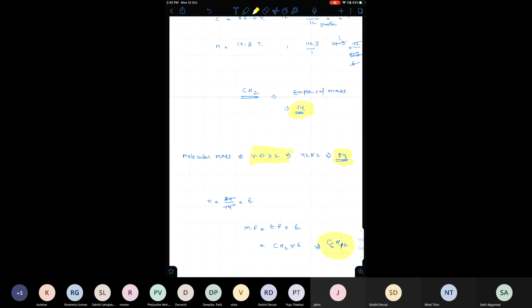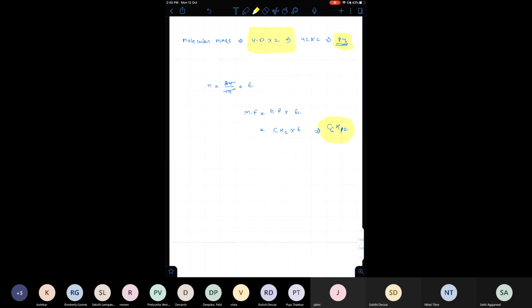Vapor density is not molecular mass. For any gas, vapor density into 2 is molecular mass.